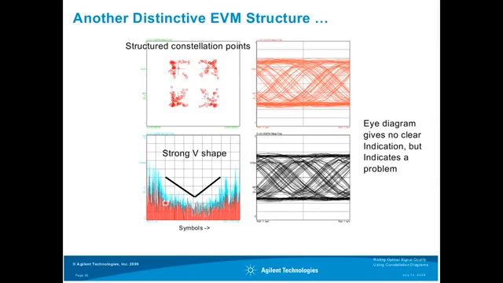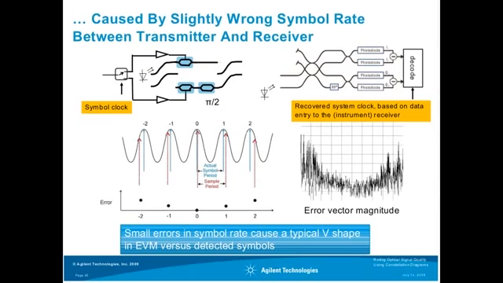And when we look at the error vector magnitude, we see a very pronounced strong V shape. Here again, we see the symbols aligned that we are analyzing. So the eye diagram gives no clear indication, but indicates a problem.